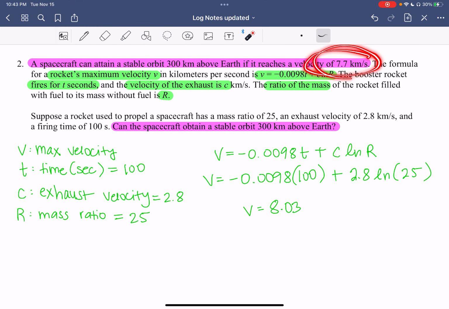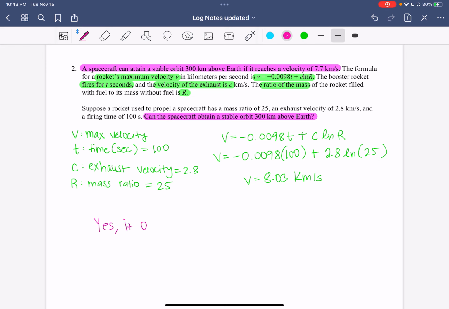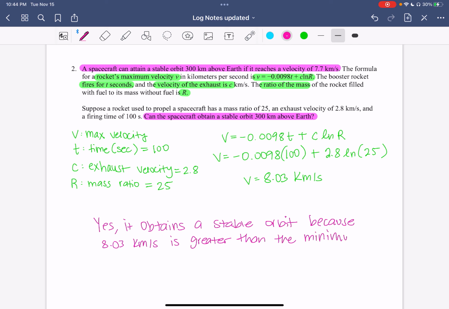Yes, it obtains a stable orbit because 8.03 kilometers per second is greater than the minimum velocity needed of 7.7 kilometers per second.